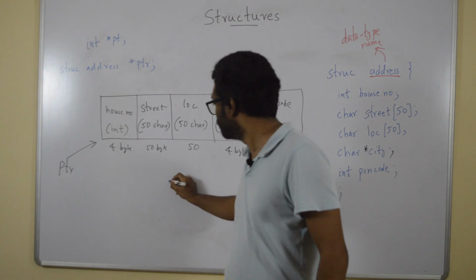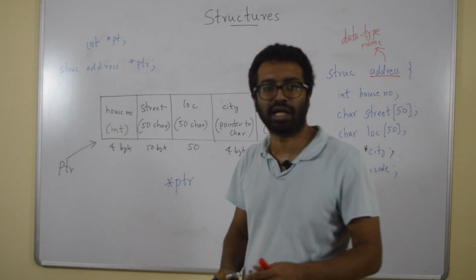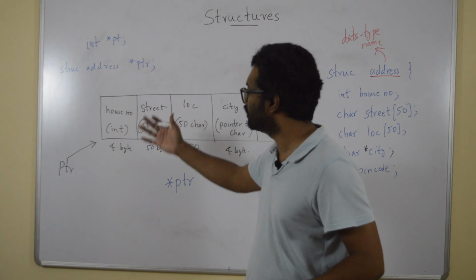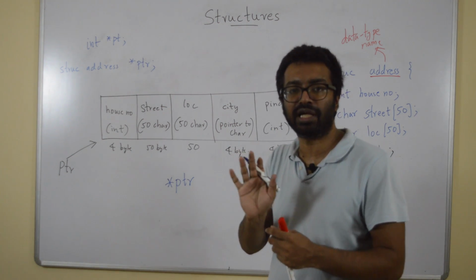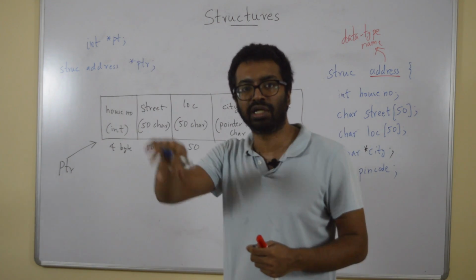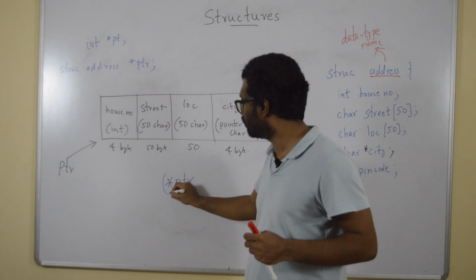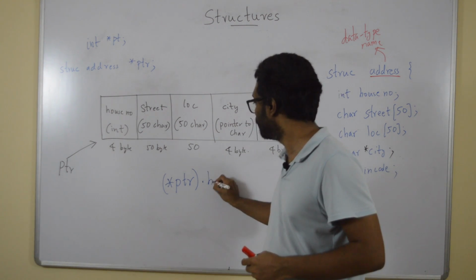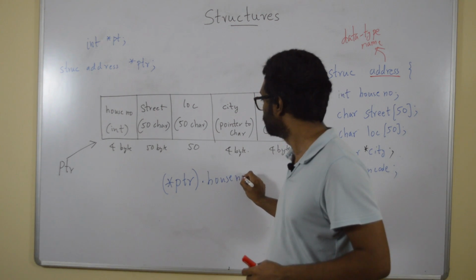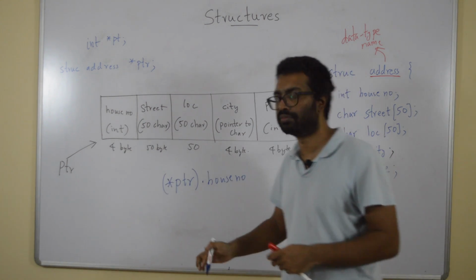I can write star ptr to mean the address. So when I write star ptr, it's like I go to the location pointed to by ptr. I can go there and then I can write dot house number. Okay, this will give me the house number.